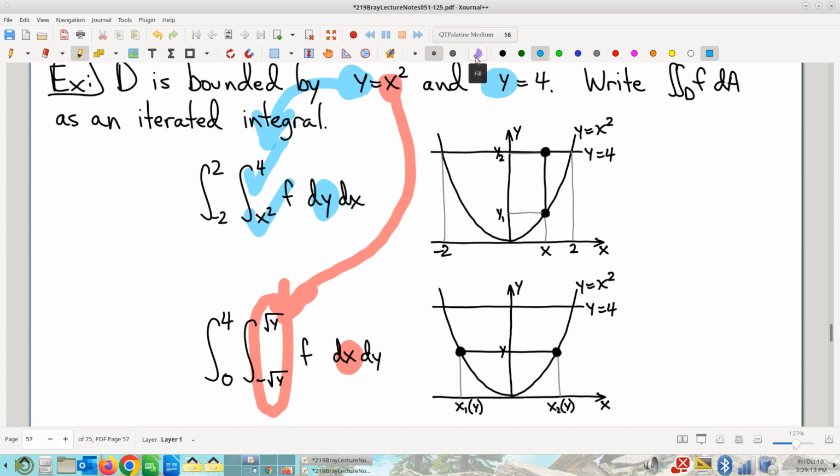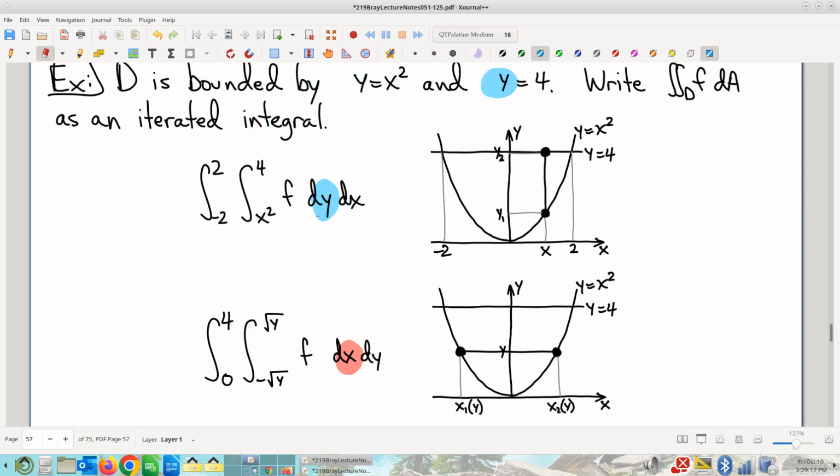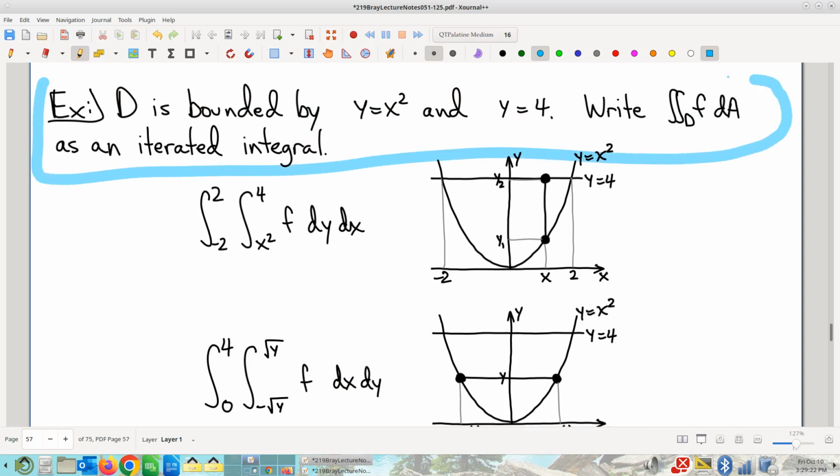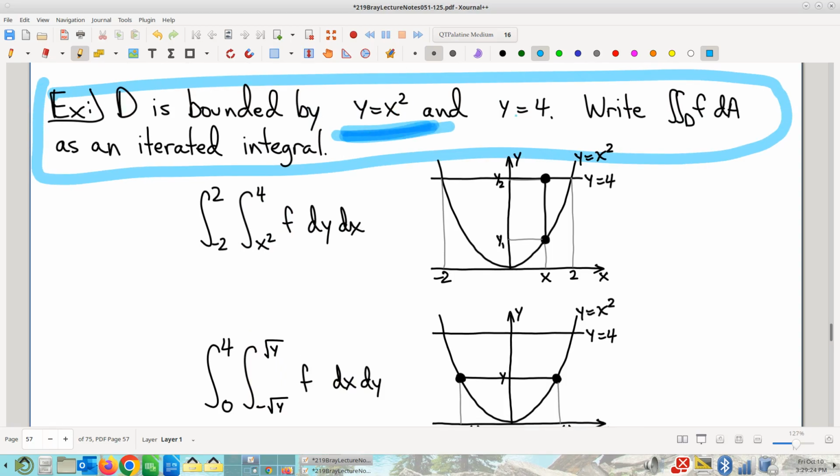So I'm going to call the moral of the story here is, notice you don't even really have to look at the picture. You can just look at the statement of the question, right? And just by looking at the algebra and the statement of the question, ask yourself the question. Forget about the picture, not even looking there, but would I rather solve for x or y? And I don't want to have to solve for x.